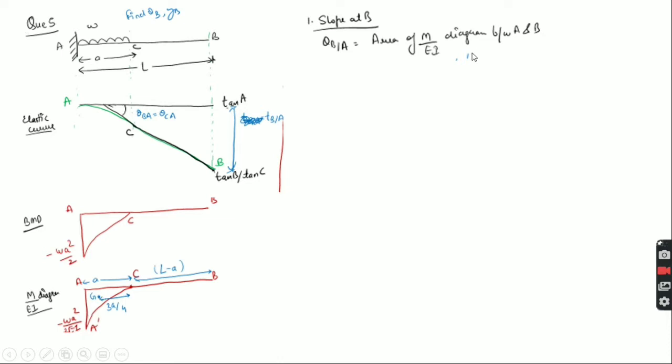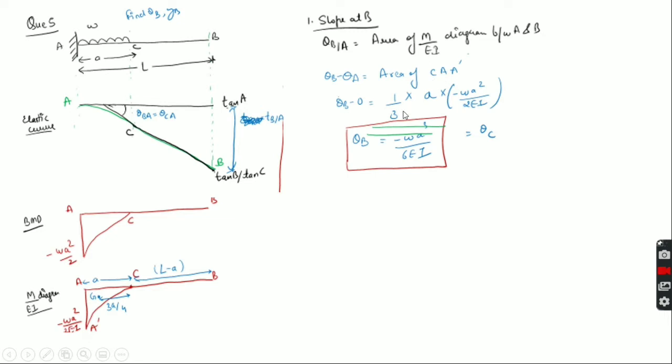So we will find its area. The area of this will be 1/3 of A into minus WA squared by 2EI, because this is a semi-parabola, so its area is 1/3 B into H. So we will get theta B as minus WA cubed by 6EI.